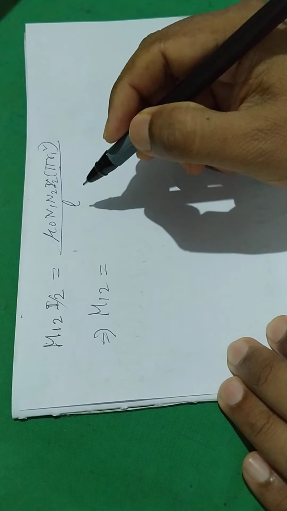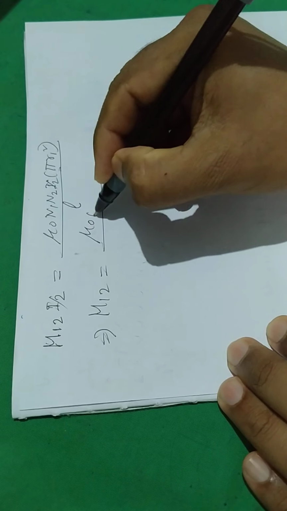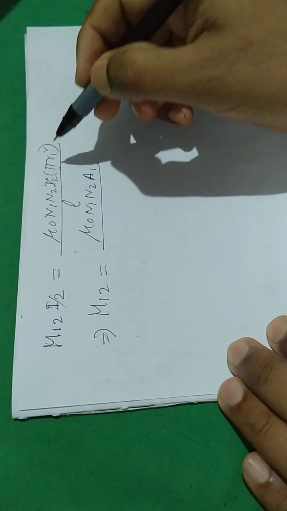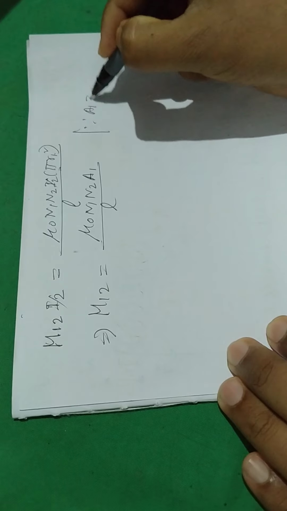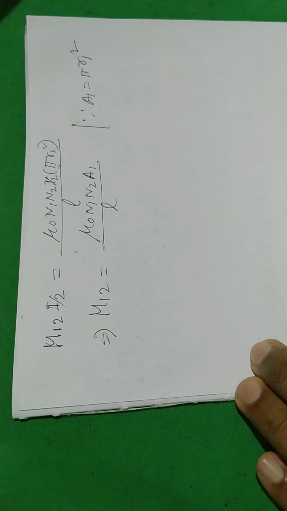M12 equal to mu naught N1 N2, and we can write A1 instead of pi R1 square, by L, since A1 equal to pi R1 square.